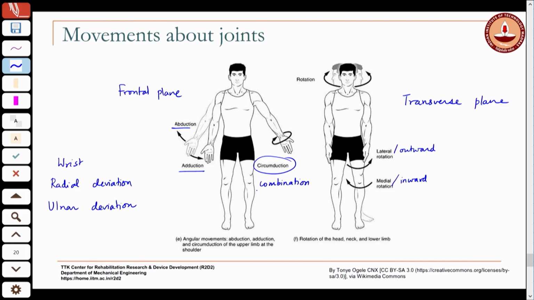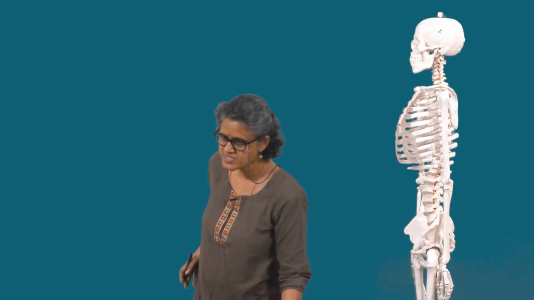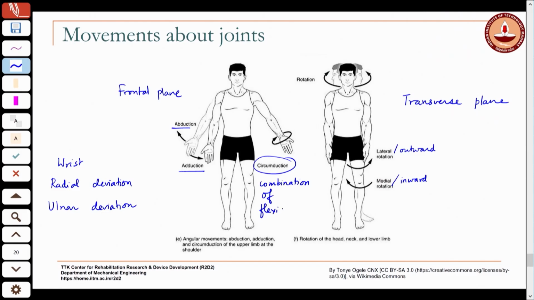Like for instance, if you see somebody walking with a locked knee, if they do not bend their knee, they will rotate their leg about the hip joint. That is not rotation in the transverse plane. Here you are extending, you are abducting. So, it is a combination of flexion extension and abduction adduction.